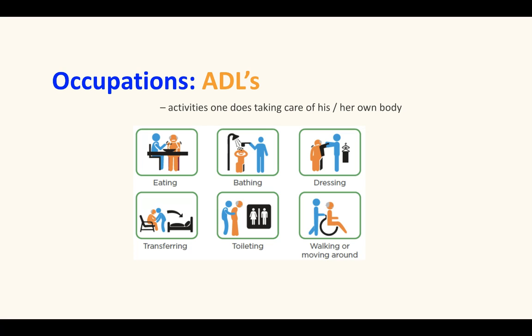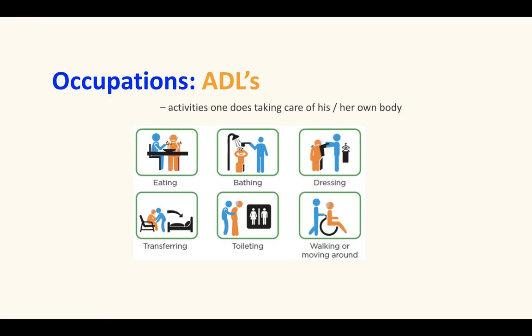The first domain is activities of daily living. These are activities that one does taking care of his or her own body. As you see here, there's just 6 pictures, and I'm going to talk about each one of these. So one is eating, also the area of swallowing. That is an activity that we do to take care of our own body.